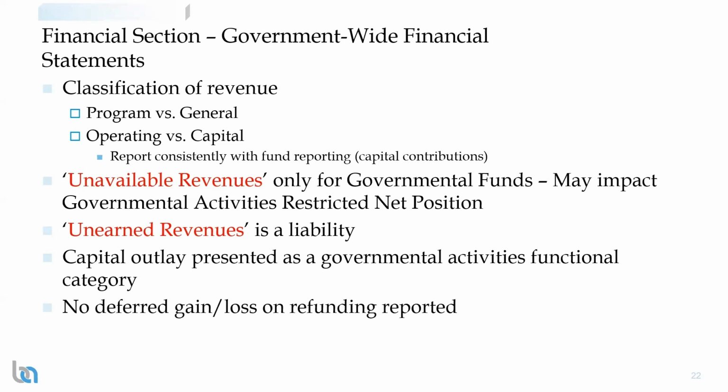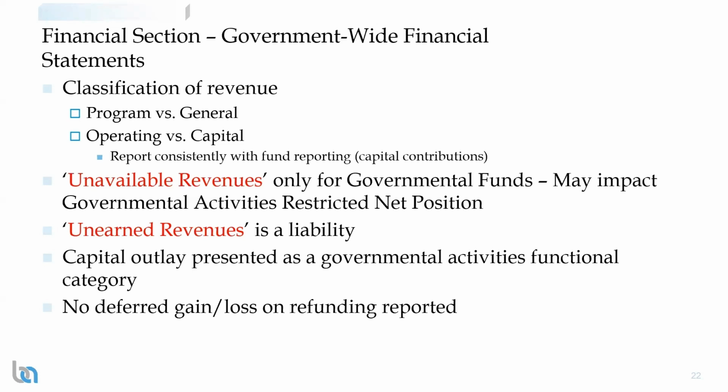You need to calculate a deferred gain or loss on refunding. It can be quite complex, but this is something you need to think about when you have a refunding debt. And it's something that you can probably discuss with us or your auditors, but you cannot necessarily run a difference through expense when you have a refunding debt.